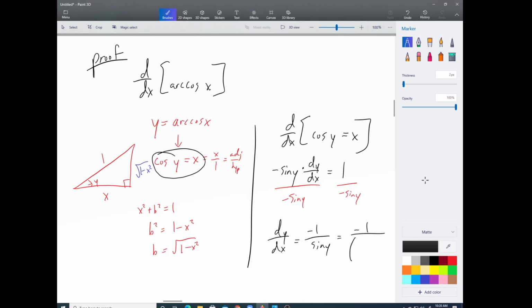And then I use my triangle to finish this off. I need the opposite side, and I need the hypotenuse.